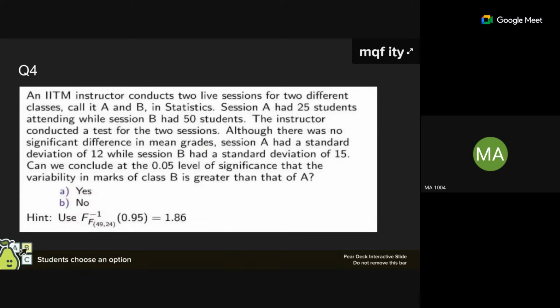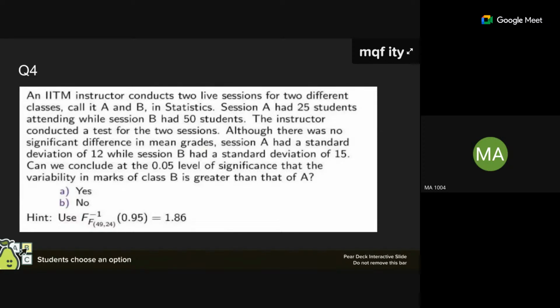So basically it is a 2 sample test, right? They have conducted 2 live sessions for 2 different classes. In session A there were 25 students, in session B there were 50 students, and then they conducted a test.